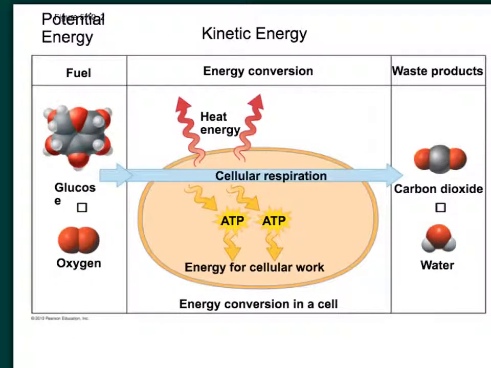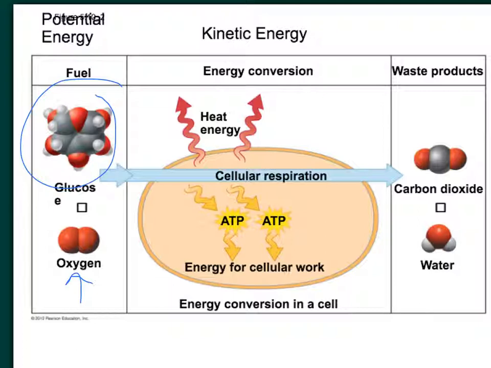In this picture, they're showing the energy conversion of the cell, and we'll talk about cellular respiration in its own chapter. For an actual living cell, we have our fuel, which is sugar, and we also need oxygen to burn it, because this is like an internal combustion reaction.